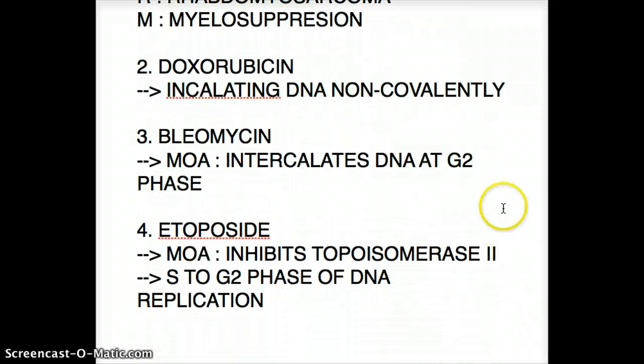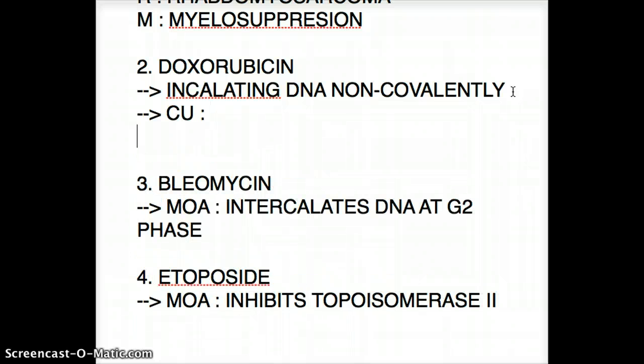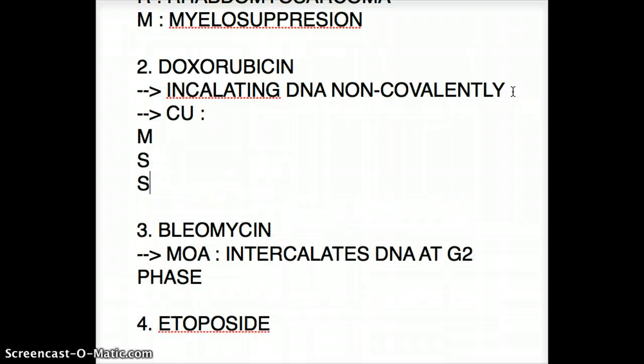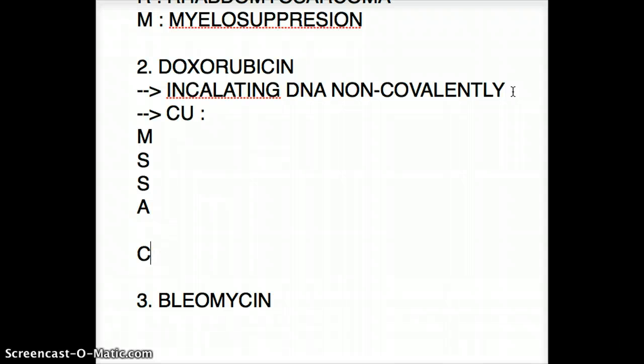Next is doxorubicin, and the clinical use for this one. This one has a strange mnemonic for me. I don't know if it's going to work for you. I use the mnemonic MASA, C-M-A.